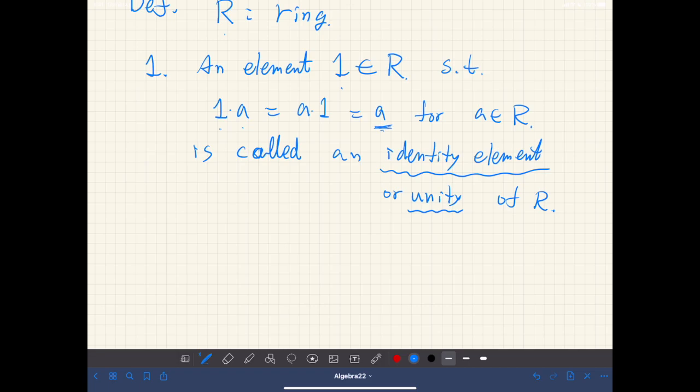Such an element is called an identity element, or identity or unity.